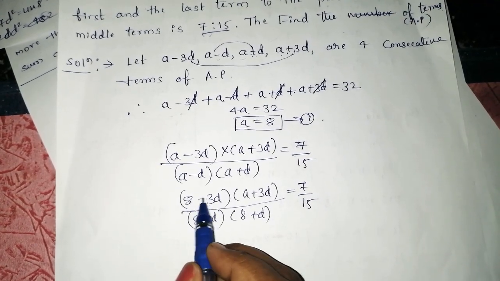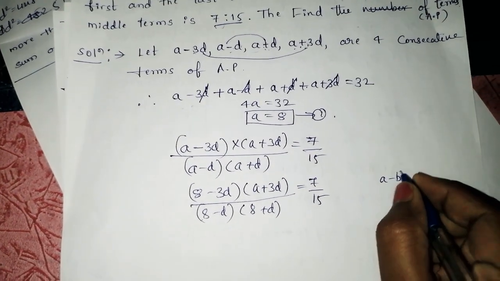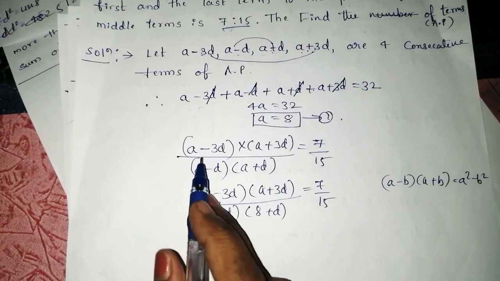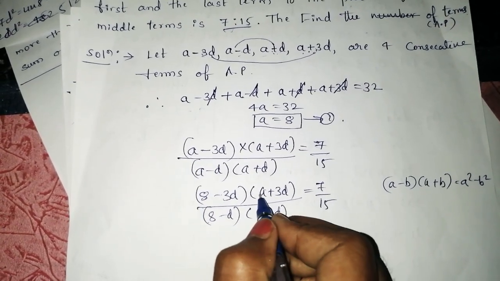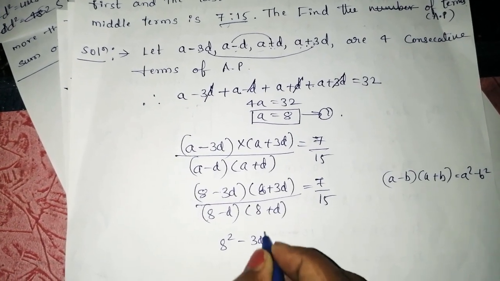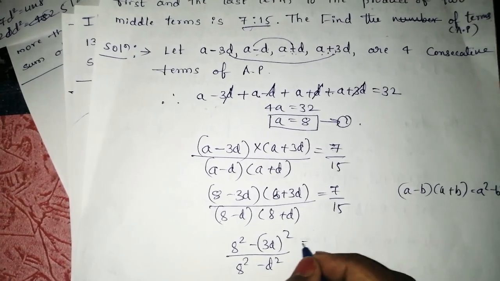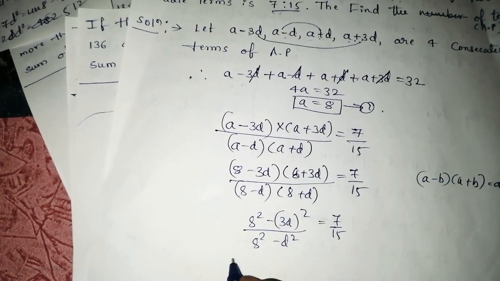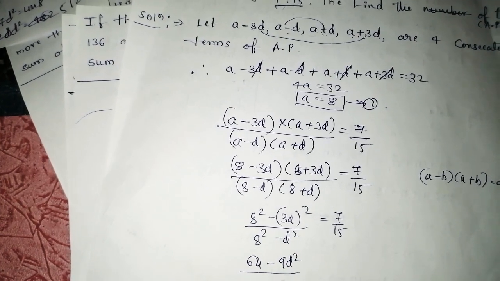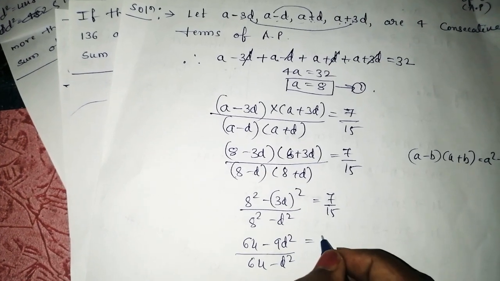Here it is in the form of a minus b into a plus b, that is you have the formula a minus b into a plus b is equal to a square minus b square. In the same way, 8 minus 3d into 8 plus 3d, you are going to have 8 square minus 3d whole square divided by 8 square minus d square, that is equal to 7 by 15. 8 square is 64 minus 3 square is 9d square divided by denominator 8 square is 64 minus d square is equal to 7 by 15.